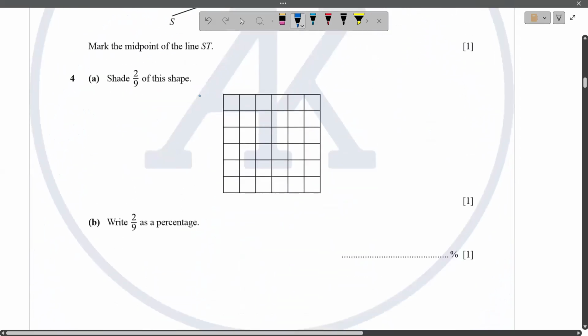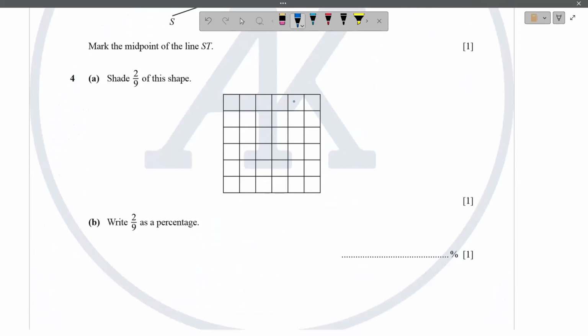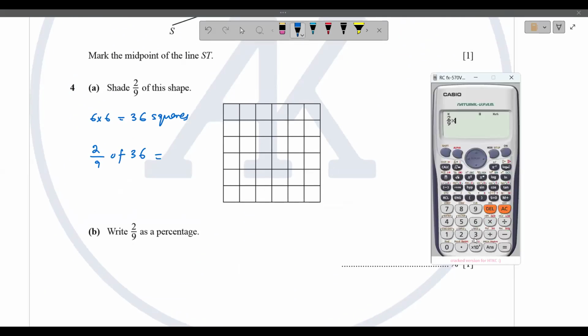Shade 2/9 of this shape. So I need to count first 1, 2, 3, 4, 5, 6. 1, 2, 3, 4, 5, 6. So 6 multiply 6. There are 36 squares. So I need to get 2/9 of 36, which is equal 8.